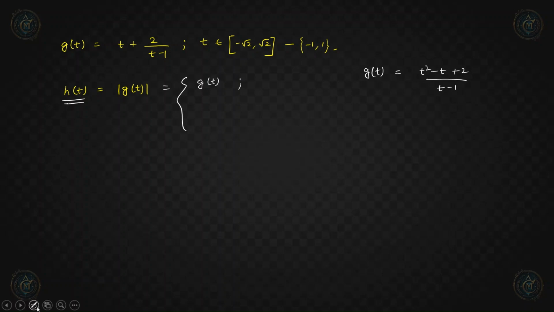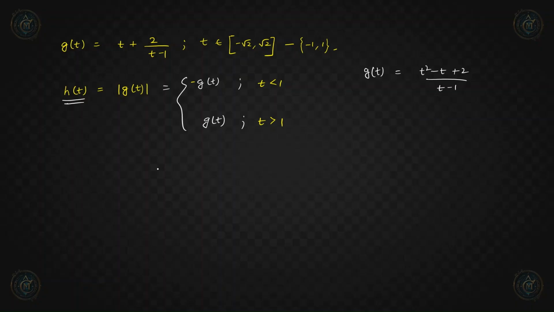So the numerator is positive. You can see this is a quadratic function with D less than 0 and a positive, so this will be always positive, right? So the sign of gt actually depends on the denominator. So we can see if t is less than 1, this will be negative, right? So the mod will open with negative sign, and when t is greater than 1, we have this function equal to gt.